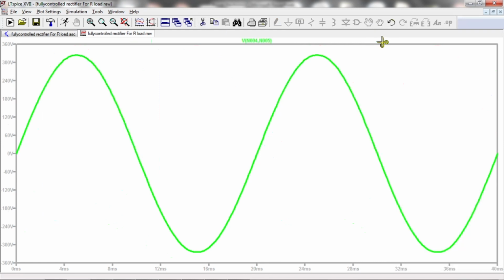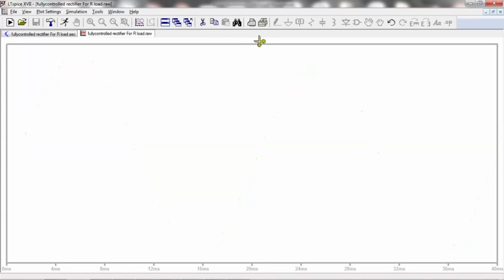This is your input. See here, the input is changing from 0 to 325 and coming back. Only one waveform I will show you. Okay, understood now. So I will delete this right now.